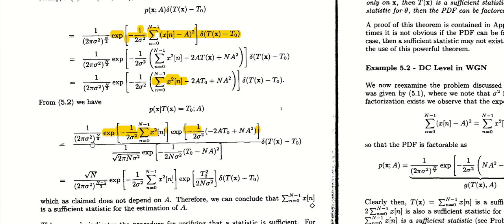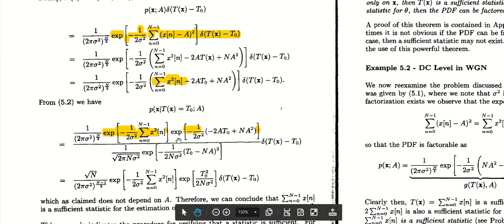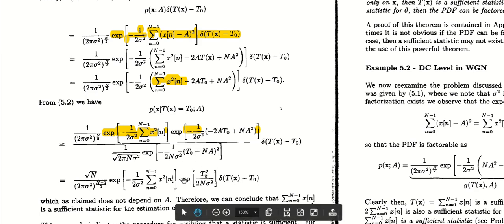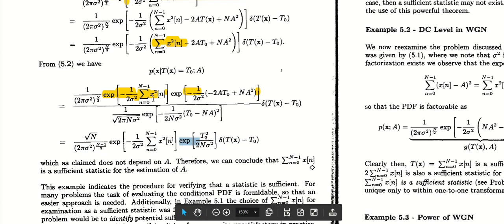Those common terms are subtracted out, and then square root of n goes here, and then you have this t0, and it subtracts with this one, so it goes out. Some of the terms in this are cancelled by that, so the remaining term is over here. And then this term goes here.